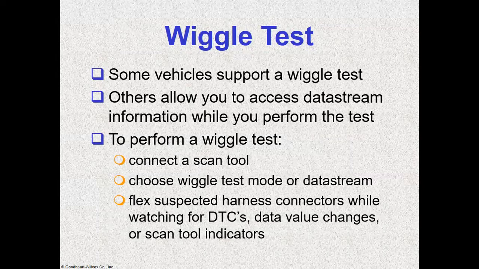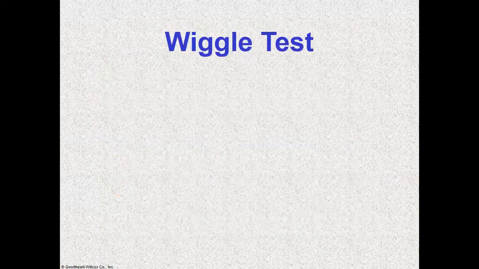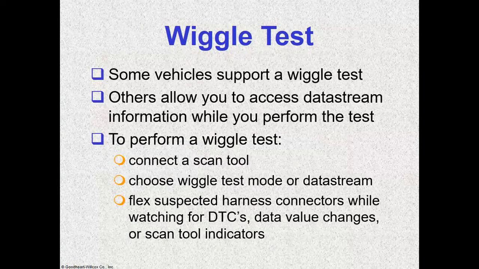To perform a wiggle test, connect a scan tool, choose wiggle test mode or data stream, and flex the suspected sensor connector while watching for DTC, data value change, or scan tool indicators.